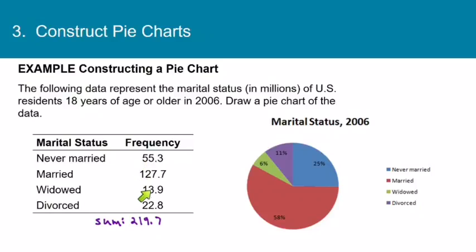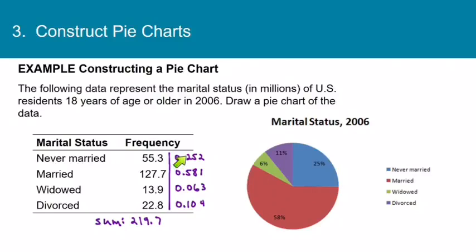Now if you divide each of these numbers by 219.7, you'll get a relative frequency. And I'm just rounding each of these relative frequencies to 3 decimal places. That's kind of standard.